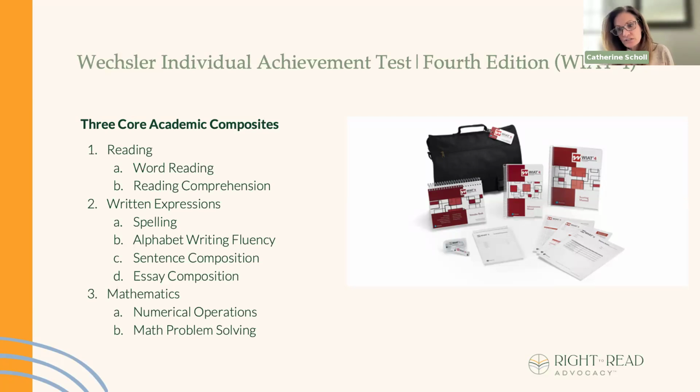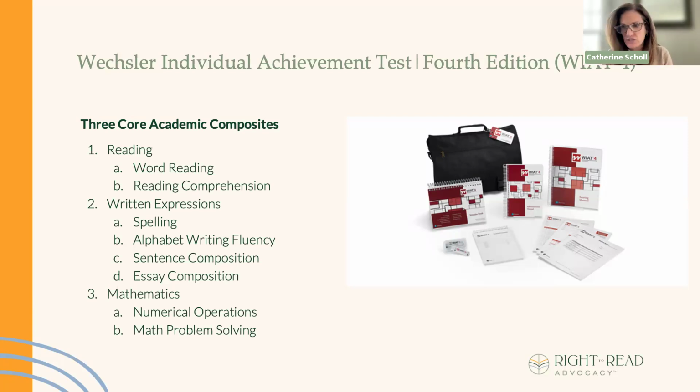Sometimes school districts look at a scaled score and the percentile to determine if a child needs intervention or qualifies for special education. Now, one score on its own is not going to qualify. If you have a child that has a below average or a poor score, that's not going to qualify by itself. It's these core composites that we look at together to see a pattern.